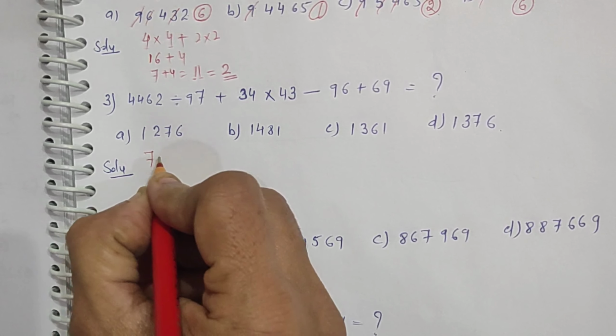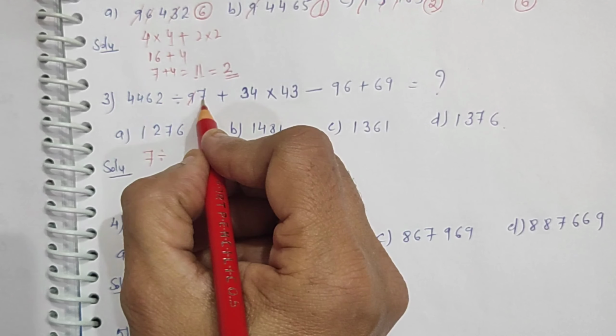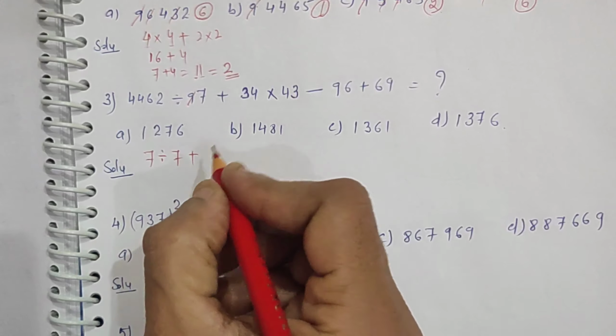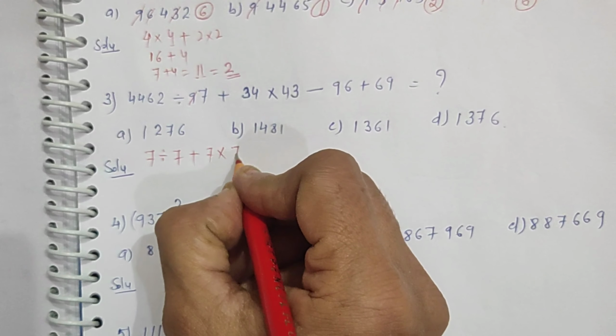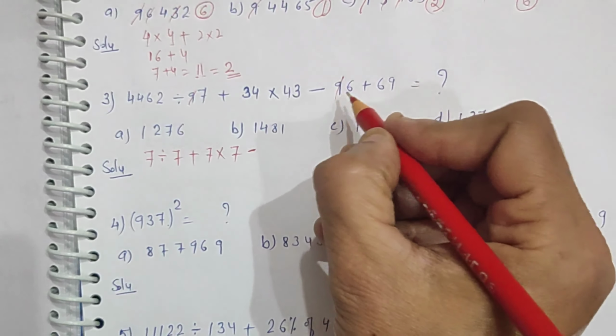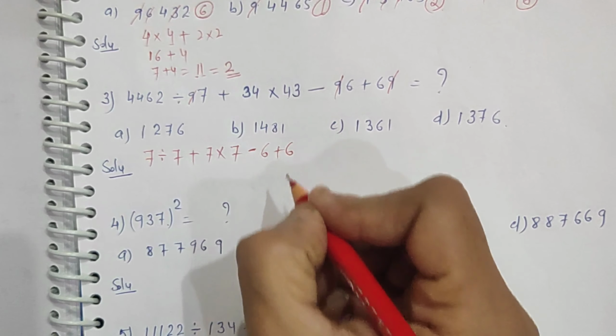So I can write it as 7 divided by 9, cancel it. This is 6, 7 again, plus 4 plus 3, 7 into 4 plus 3, 7 minus 9, cancel it. It is 6. This 9 cancel plus 6.